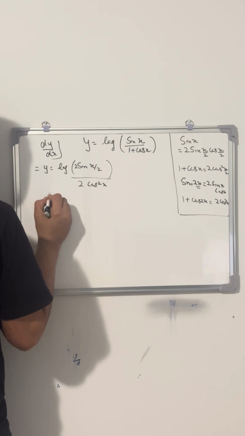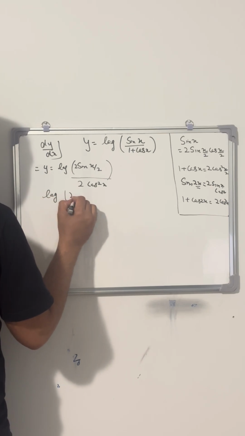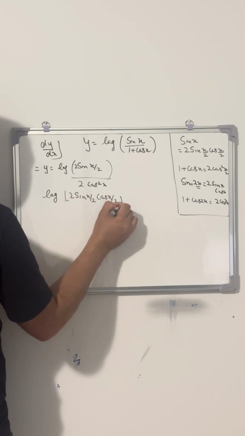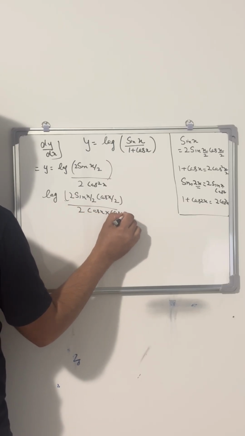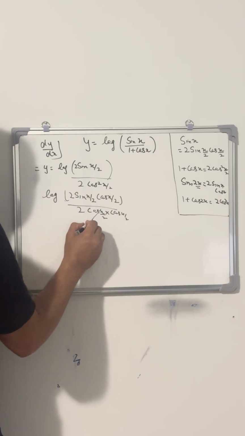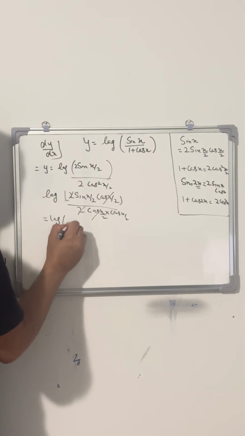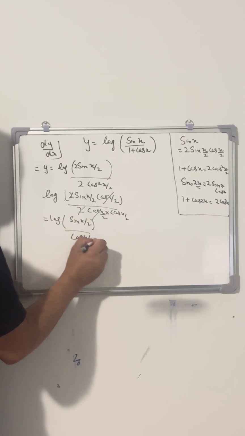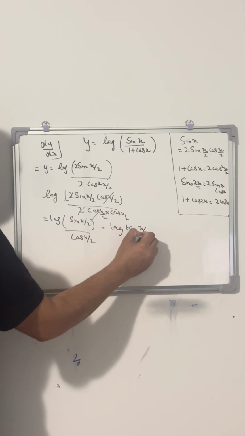So this becomes log of 2 sin x by 2 cos x by 2, over 2 cos x by 2 multiplied by cos x by 2, which is cos square x by 2. Now this cos x by 2 cancels with this cos x by 2, and this 2 cancels, so this becomes log of sin x by 2 over cos x by 2, which is log of tan x by 2.